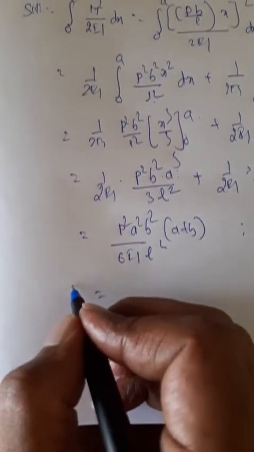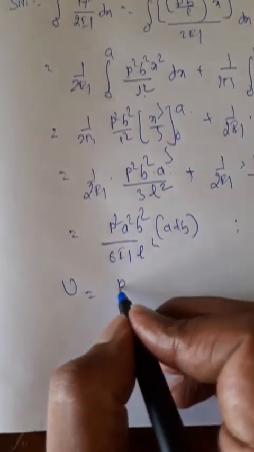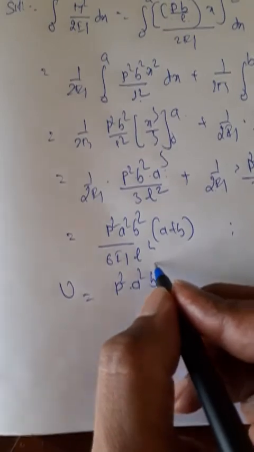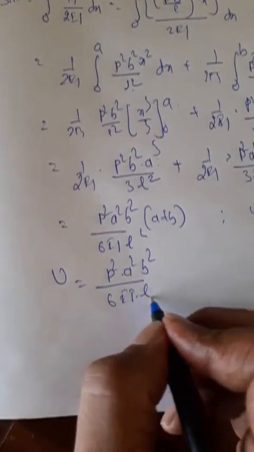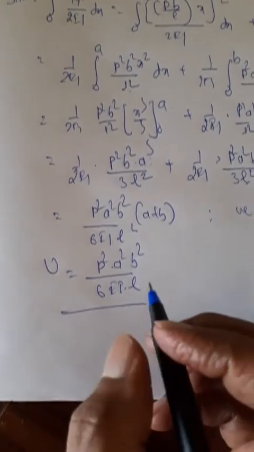We have U is equal to P square A square B square by 6 EI into L. This is the strain energy.